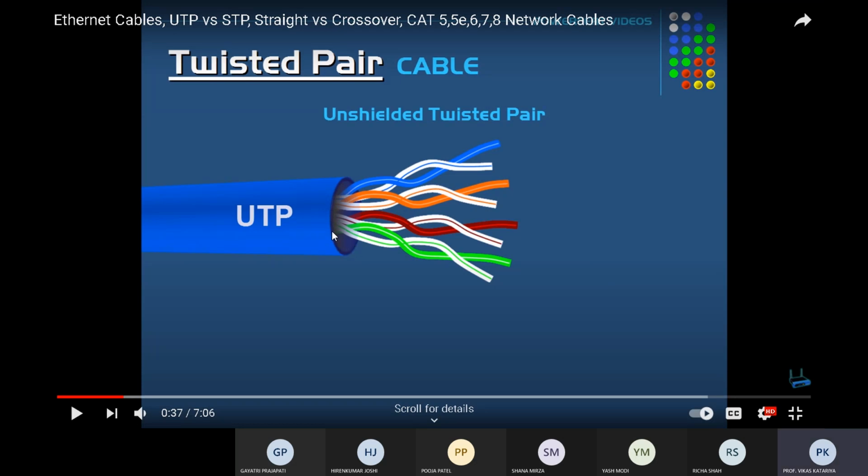As you can see here, in the blue cable, there is no shield inside the blue cache because the cables are arranged directly under the blue cable. That is why it is called unshielded twisted pair. All the cables are twisted. We have to arrange them in a straight manner first.